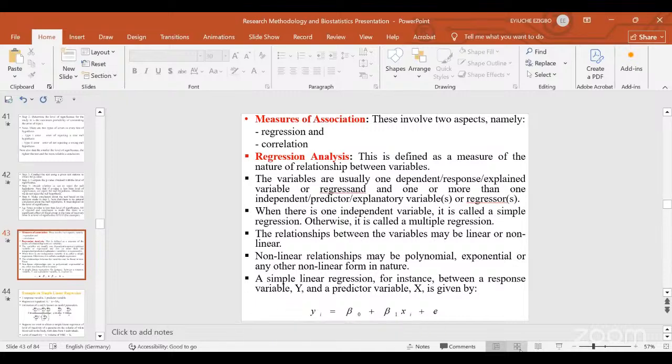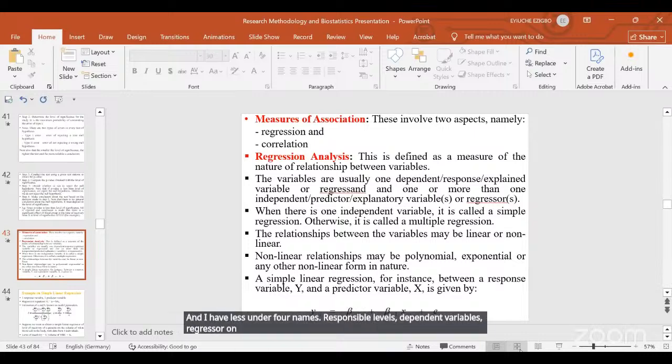Is that taken? Good. They can as well be known as the regressor. I have mentioned four names: response variables, dependent variables, regressor, and the predicted variables.